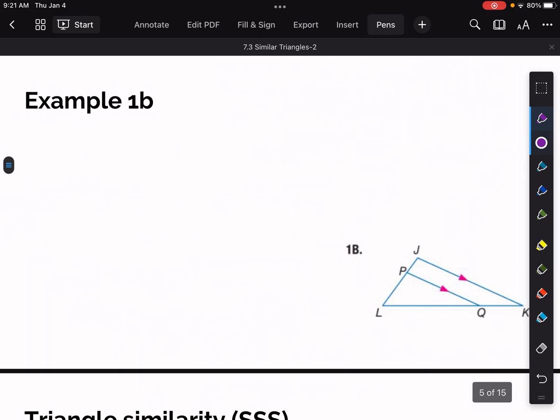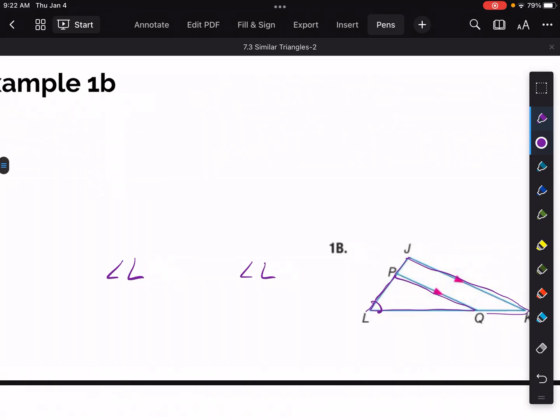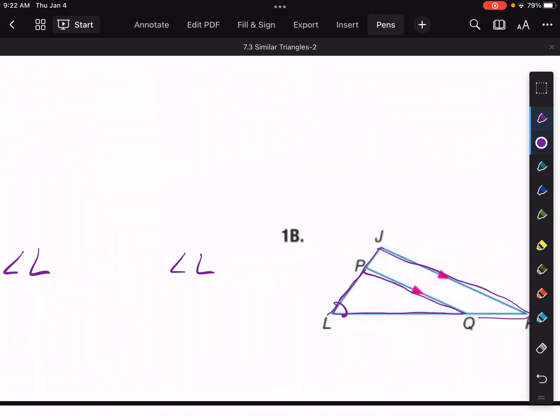Okay, example 1b here, this one's interesting. We have parallel lines. So we know that parallel lines have the exact same slope. Okay, so we're looking at the similarity between the smaller triangle here and then the bigger one that kind of captures that. So we know that angle L is congruent to itself, right? So angle L is congruent to angle L in both of these triangles. And then, since this line LJ is being cut by parallel lines, we actually know that P and J are the same.